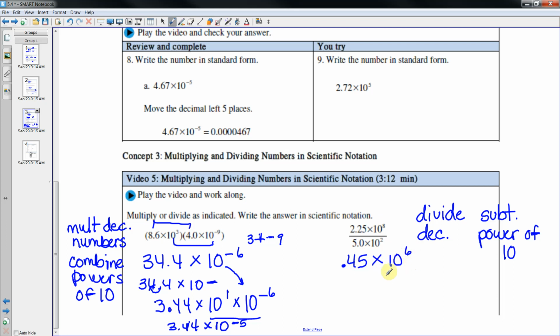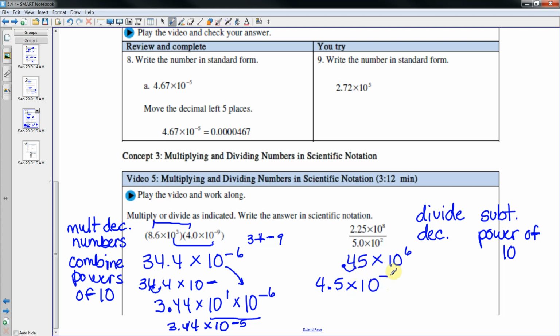Now again, 0.45 is not in scientific notation because that's not between 1 and 10. So 0.45, if I move it one place, I would have 4.5 times 10, and I moved it one place.